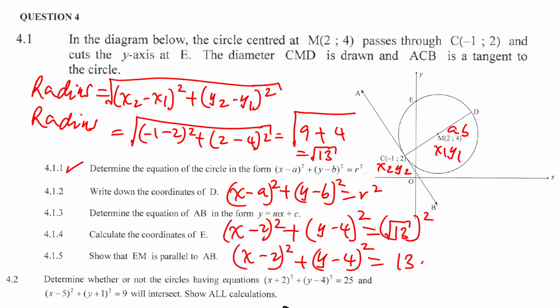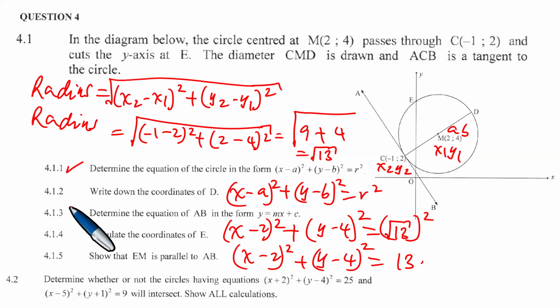That is the equation of the circle in 4.1.1, exactly (x minus 2) squared plus (y minus 4) squared equals 13, and that is the answer to question 4.1.1.